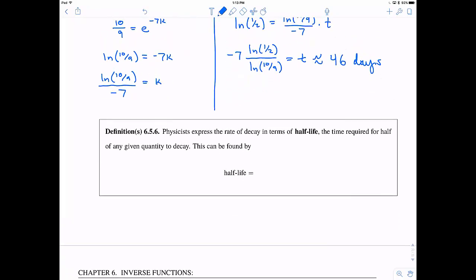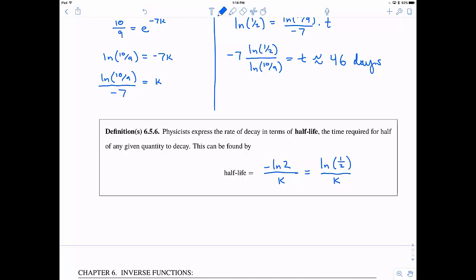Now what we did up here was actually calculate a half-life. We started off with 90 grams and we went down to 45 grams. Physicists are often interested in the half-life of an element. Half-life is the negative natural log of 2 divided by k. Or, as we can see from up above, we could treat this negative as an exponent, using the power rule.